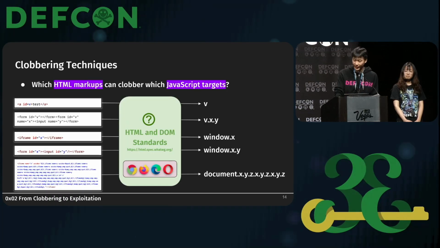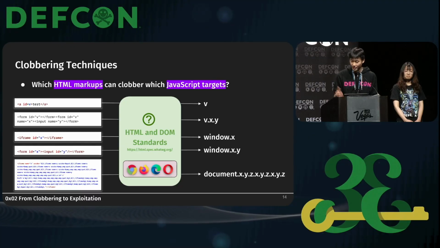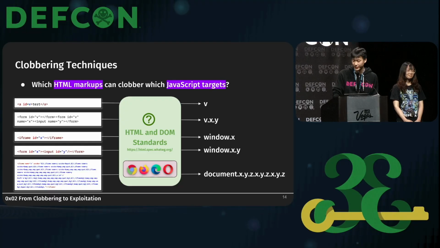Since DOM clobbering was first introduced by Gareth Heyes in 2013, a lot of work has gone towards understanding various clobbering techniques. At the core, the key question is which HTML markups can clobber which JavaScript targets, and probably under which browser implementations, because clobbering behavior is defined in the HTML specification, but the browser implementations may vary slightly.